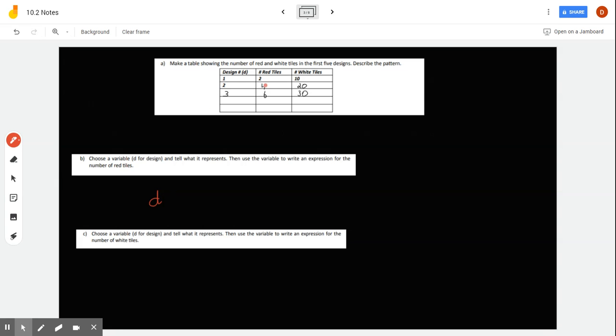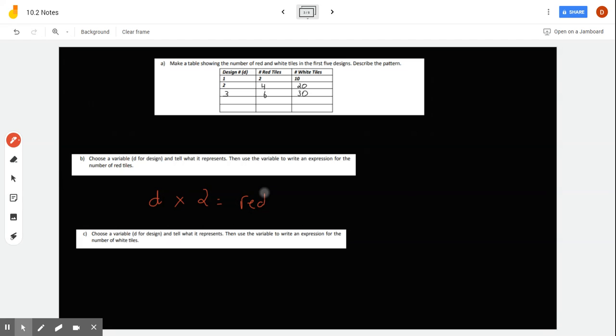Well, if they're all going up by 2s, technically, are we not multiplying the design number by 2 to get to the number of red tiles? And so we would say that D, the design number, times 2 is equal to the red tiles.